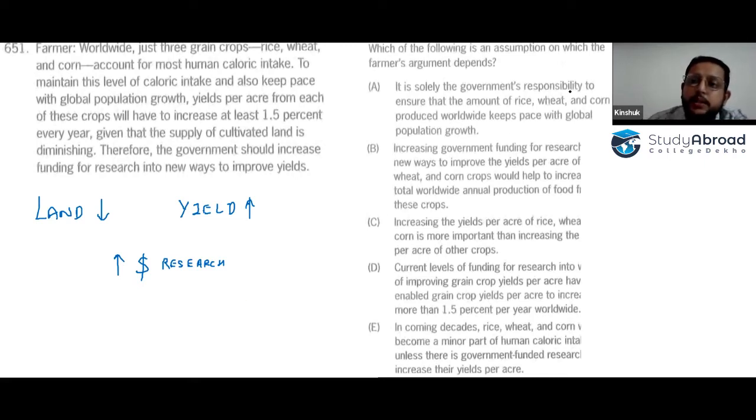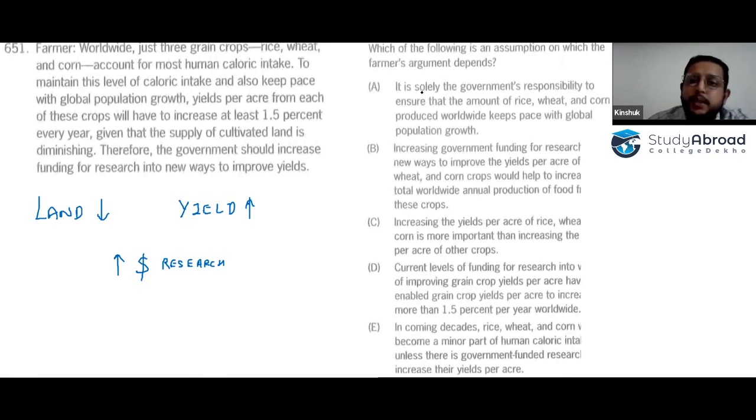Now, let us look at the answer choices and find out which of these answer choices could help see through this argument. So if you look at answer choice A, it says it is solely the government's responsibility to ensure that amount of rice, wheat, and corn produced worldwide keeps pace with the global population growth.